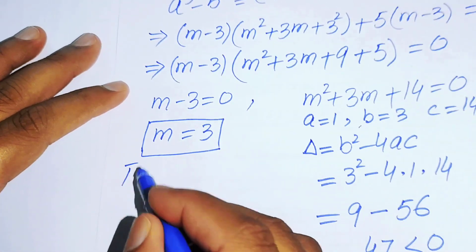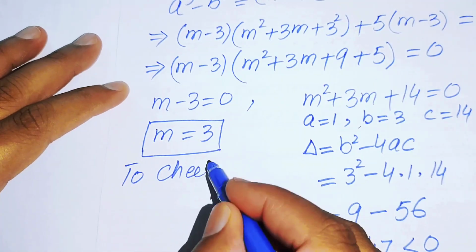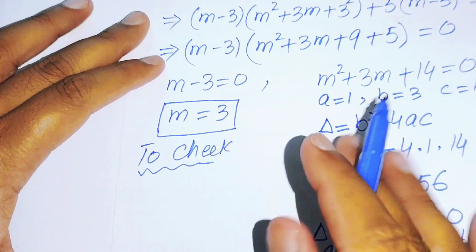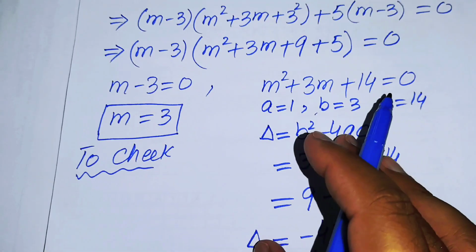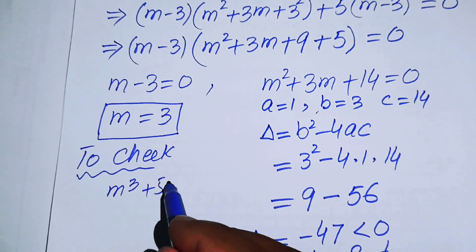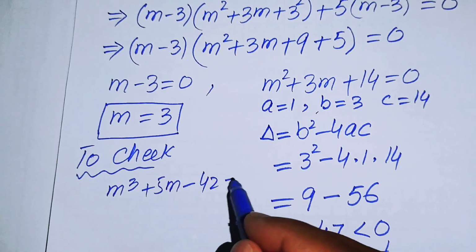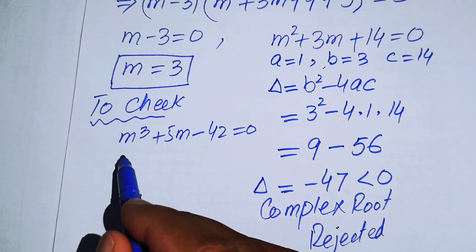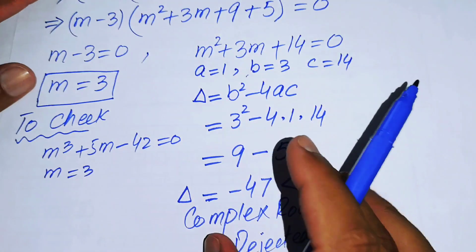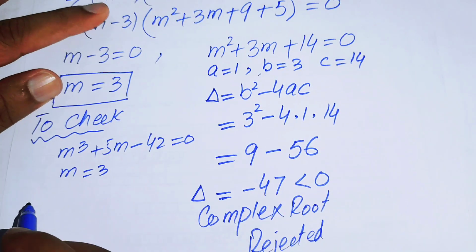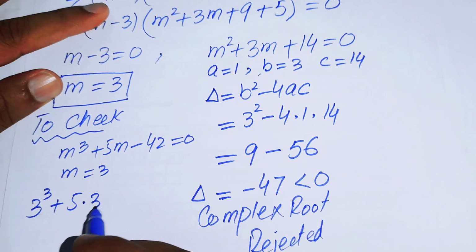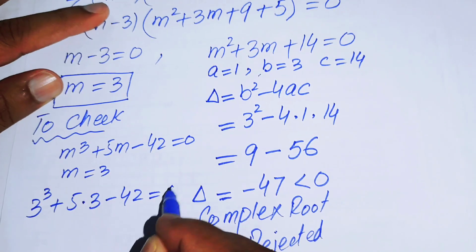So to check whether this root satisfies the given equation or not, here you have the given equation m cubed plus 5m minus 42 is equal to 0. So here you can just put m is equal to 3. When you substitute m is equal to 3 in this equation, it becomes 3 cube plus 5 times of 3 minus 42 is equal to 0.